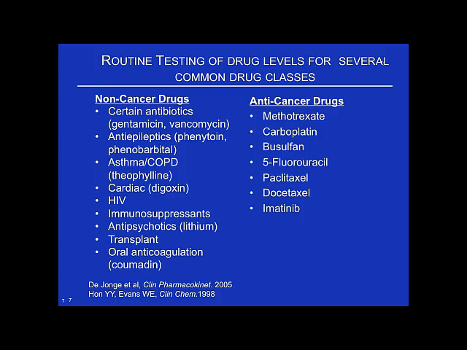And there also is, I think, growing evidence that plasma trough levels of the targeted therapy, imatinib, for the treatment of CML, also can be closely correlated with ultimate clinical efficacy.